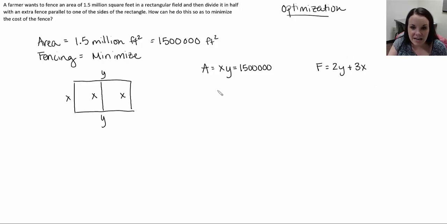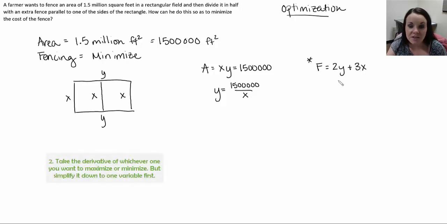Now, if I want to take this area and solve it for Y, all I have to do is move the X over to the other side. The reason I'm doing that is because F, the fencing, is the equation that I'm going to optimize. So this is the one that I'm going to take the derivative of. But before I can do that, I need to get it down to just one variable.